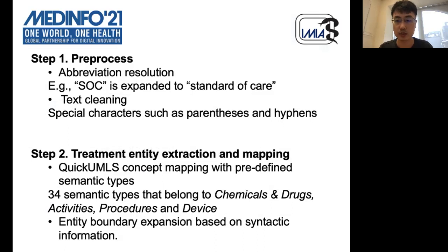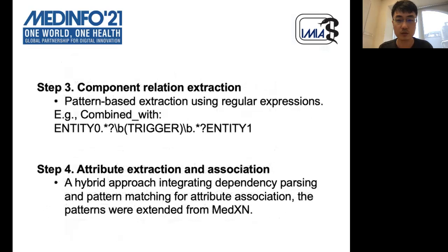Then the boundaries of the terms are expanded based on the syntactic information. For the third step, we used a pattern-based method to extract the component relations, and we used a hybrid approach that combines dependency parsing and pattern matching to identify and associate the attributes. The patterns are extended from MedEx.